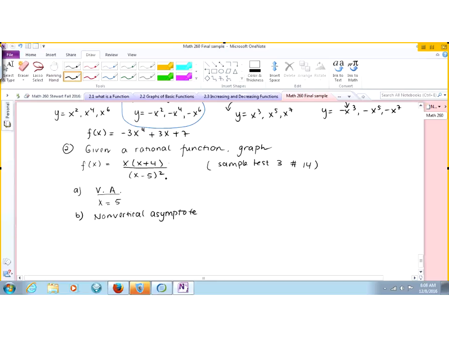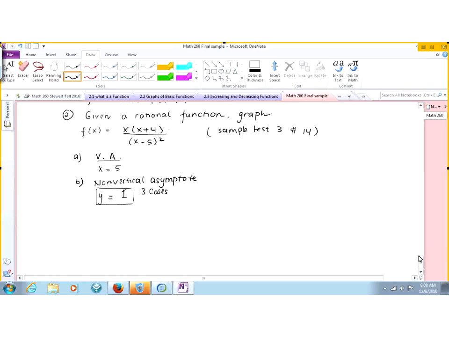So the degree of P is equal to the degree of Q. So what is your non-vertical asymptote? Y is equal to 1. Yes. The leading coefficient of P divided by the leading coefficient of Q. So far so good? Okay. So remember there are 3 cases. So you got to review those. Yes. Now what about the x-intercept?